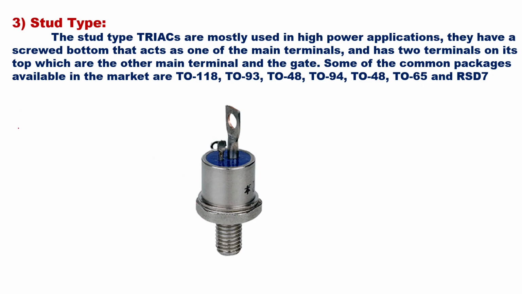You have a bottom screw that acts as a main terminal, and on top you have two terminals which can act as gate and another main terminal. Some of the common packages available in the market are TO118, TO93, TO48, TO94, TO65, and RSD7.